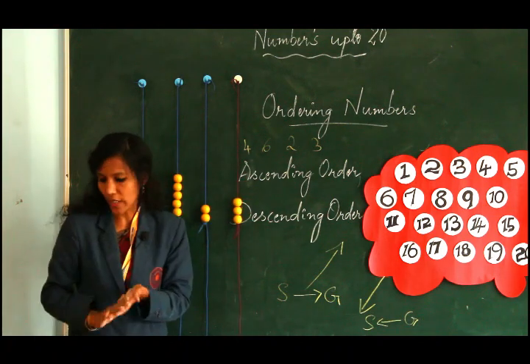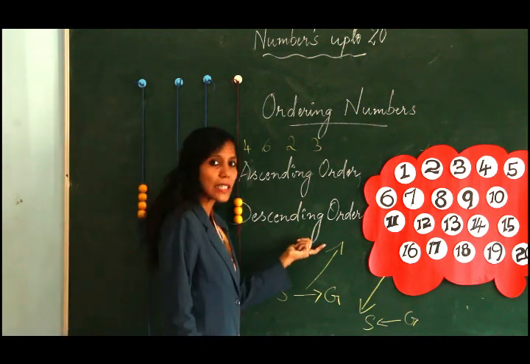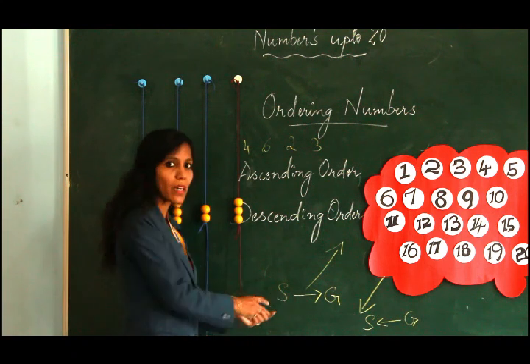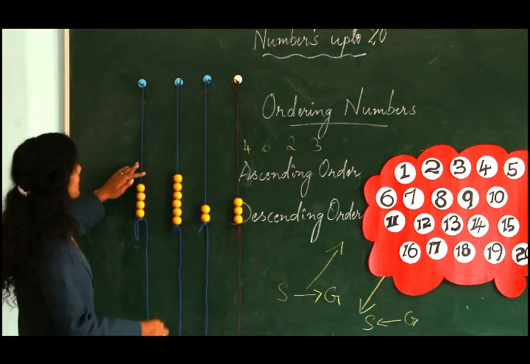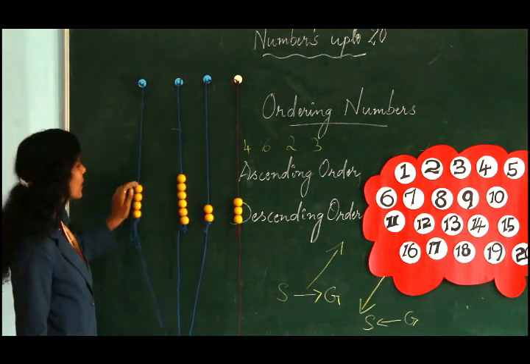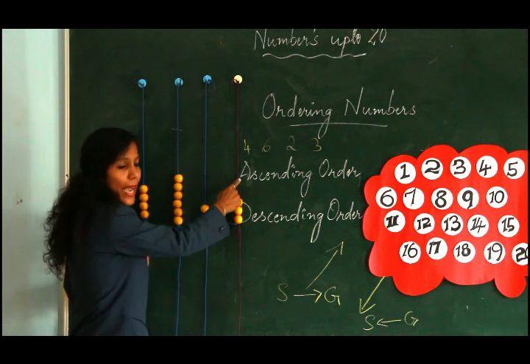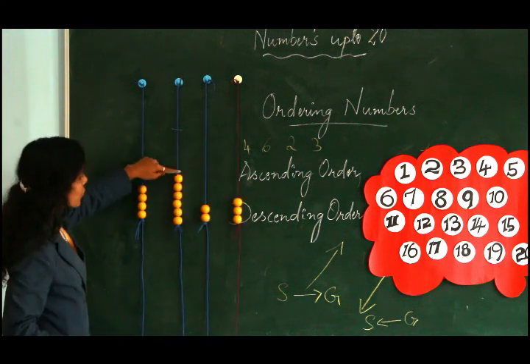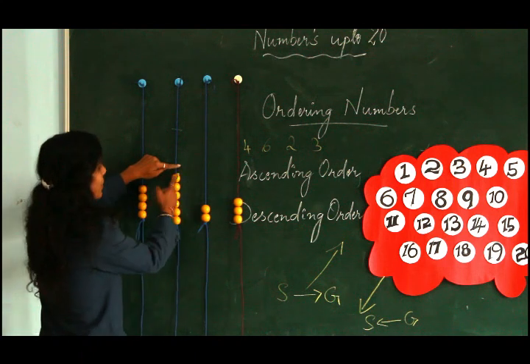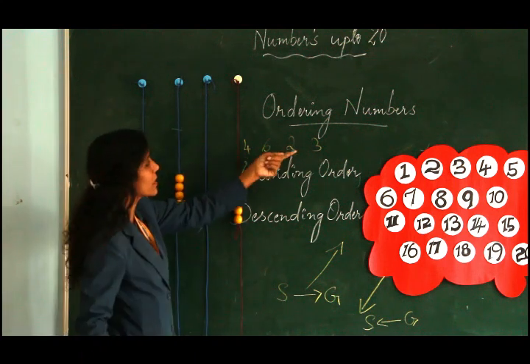So now according to us, ascending is climbing the hill. So that is from small number we go to the greater number. Does this look like climbing the hill? No, not at all. So here we have small, big, small and big. So how we do? We take the small number, starting from small number.